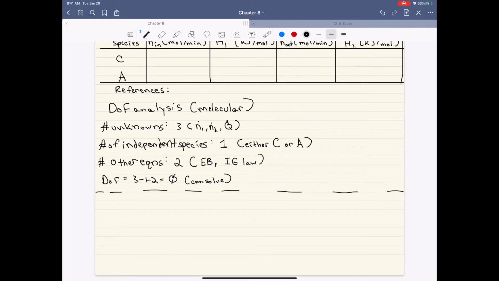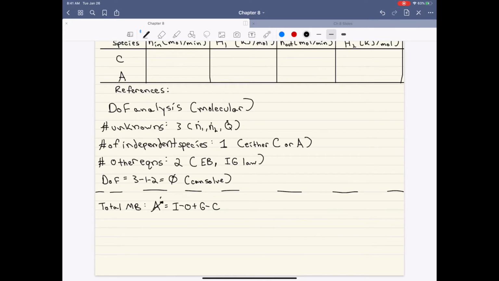And as I said, we only have one independent species. So we can basically just use one material balance equation. And the material balance that I'm going to use is actually an overall material balance. Okay? So where I'm actually combining both species together. So I'm going to write out my general form of the material balance equation.